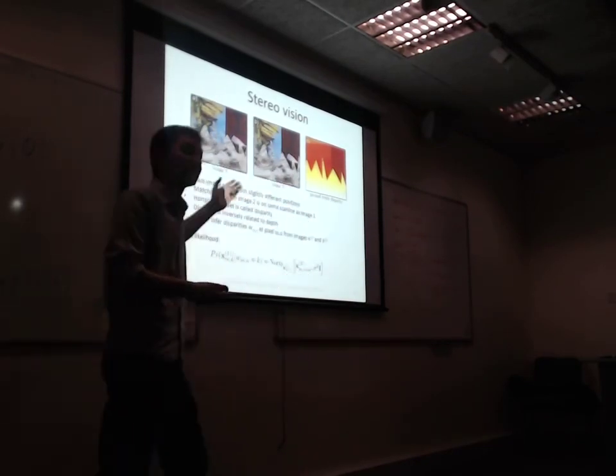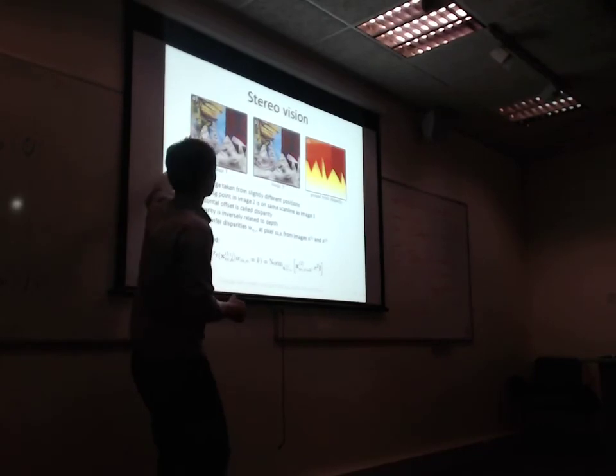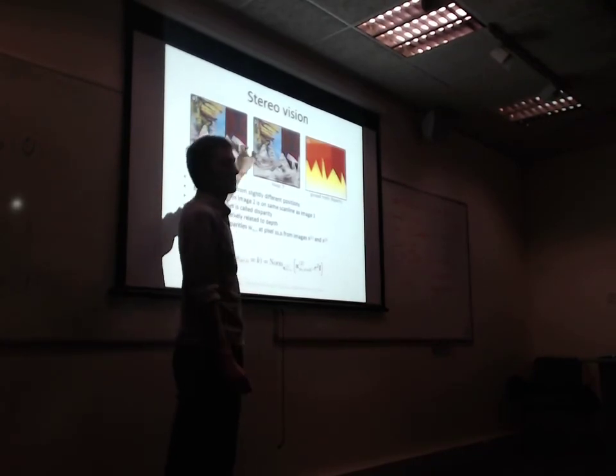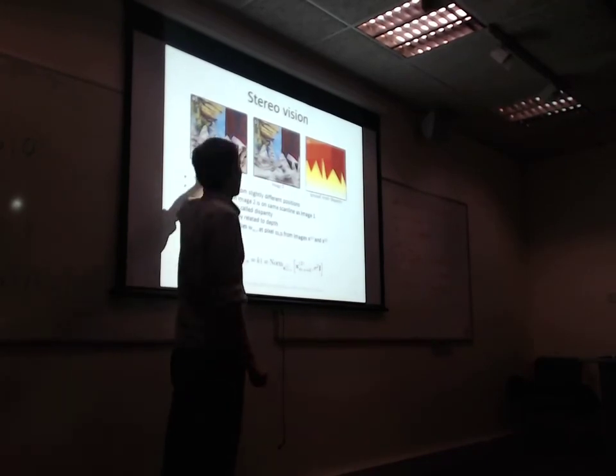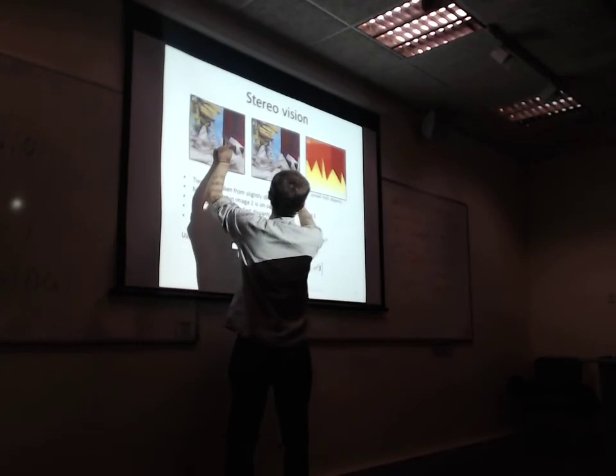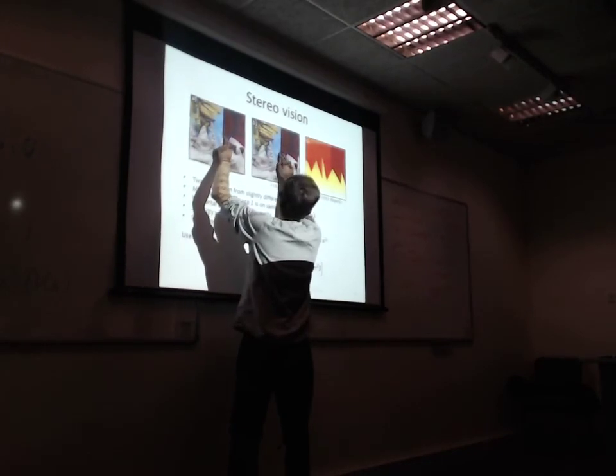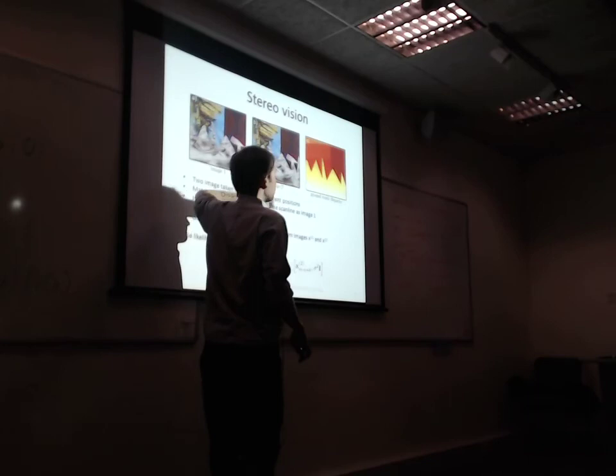The amount of pixels, the distance in pixels, because we can think of pixel sort of the space between pixels, that distance is what we're referring to as disparity. How disparate, how far away is that from its corresponding location in the new image.